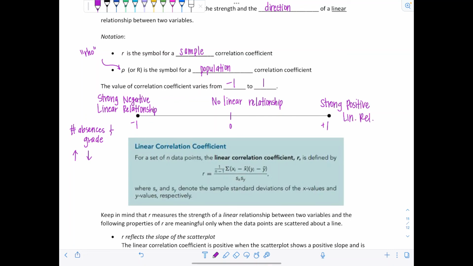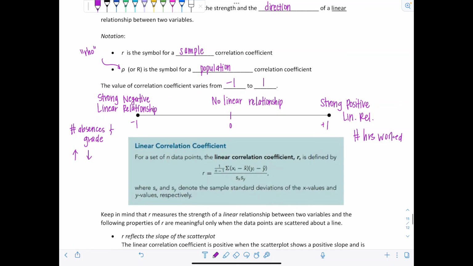So for example, the number of hours you worked, and assuming you're not on salary, your paycheck, right? As you work more, your paycheck should go up. As you work less, your paycheck will go down. Unless you got a salary job, then so sorry.